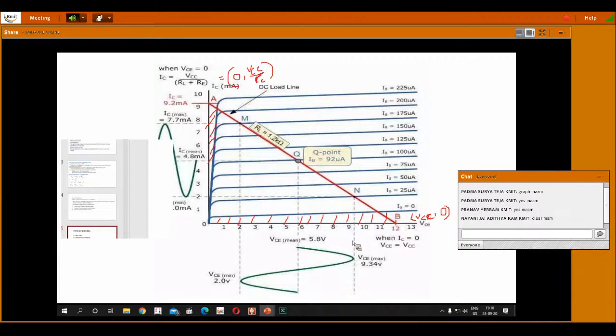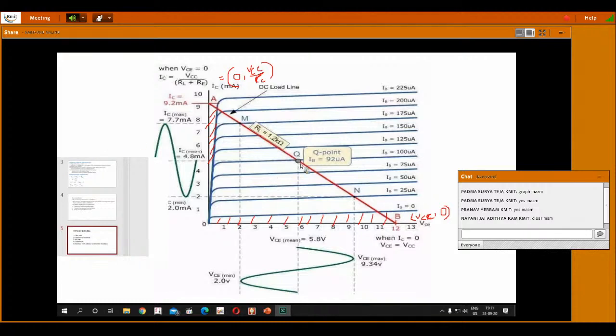Only this portion is the active region, which we also term the linear region. Only when the transistor is operated in the linear region do we have faithful amplification.